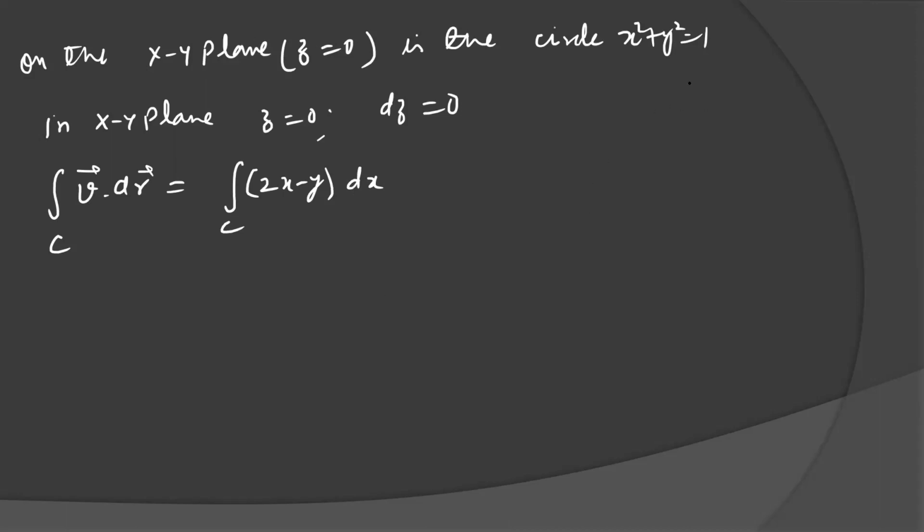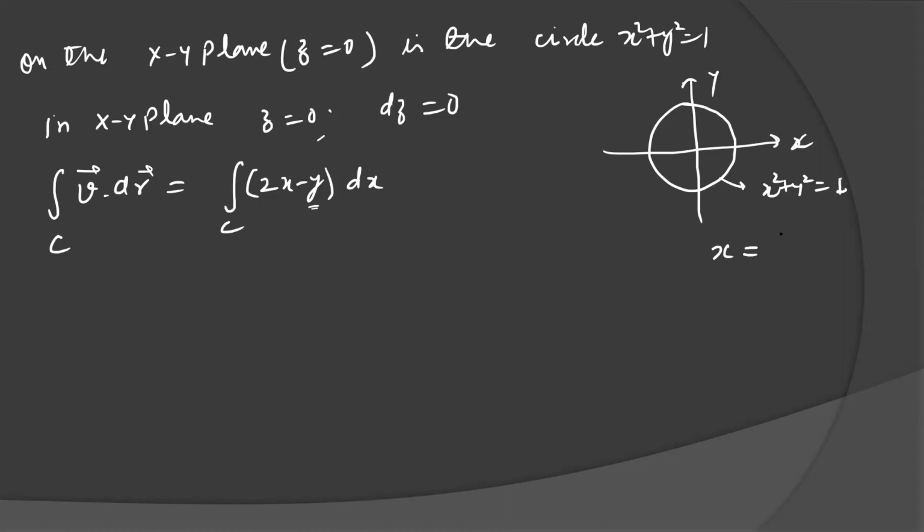Now you are in the xy plane actually. See here carefully. Equation is x square plus y square equal to 1. I told you in line integral evaluation, if you have two variables, x and y, and you have a single integration, then the substitution is x equal to radius 1 cos theta, y equal to 1 sin theta.